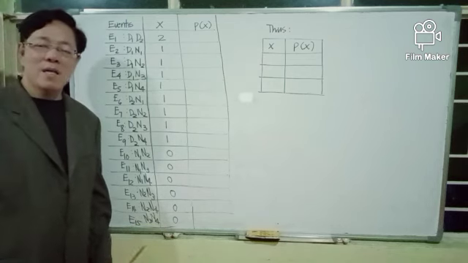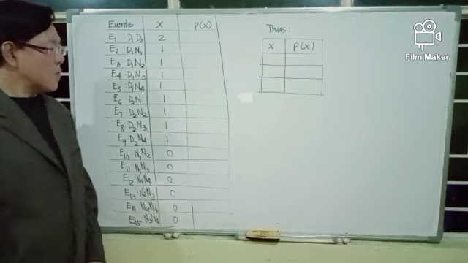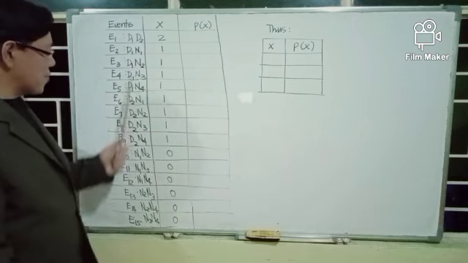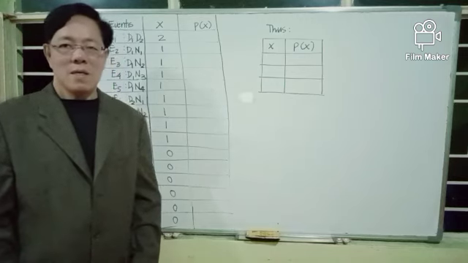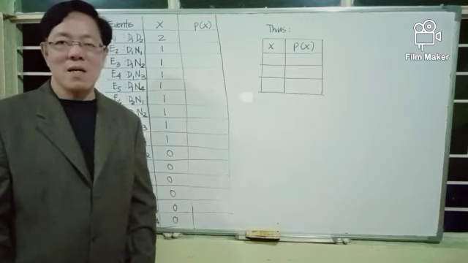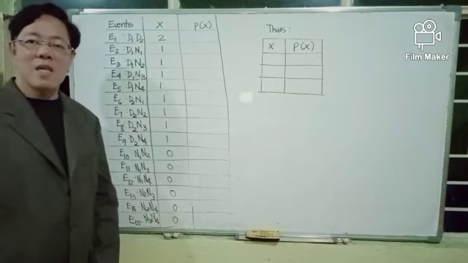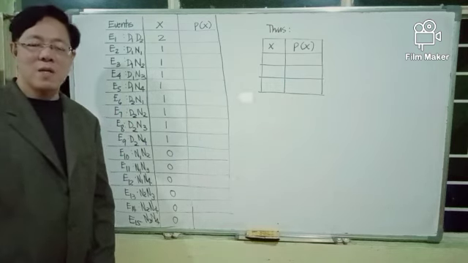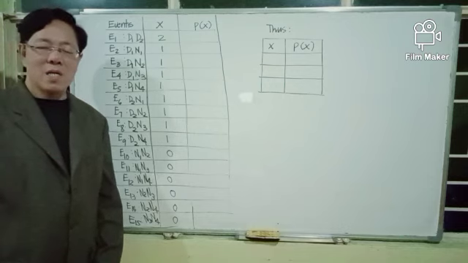And these events are equally probable, which means that each of these 15 events is likely to happen, which means that all these 15 events have the same probability of occurrence, or the same probability of happening.